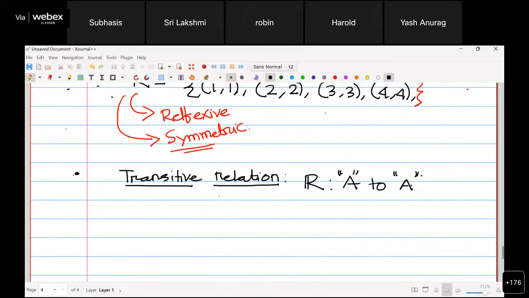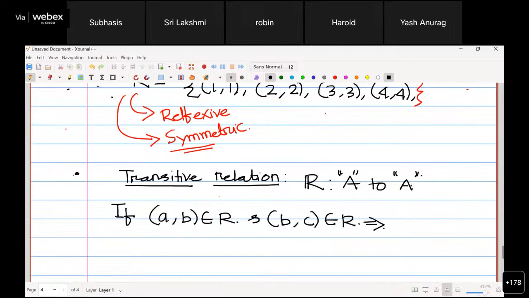The precise definition is: if (A, B) is in R and (B, C) is in R, this should imply that (A, C) is in R. As you can see, there is something special about these two elements: the second element of the first pair is the same as the first element of the second pair.